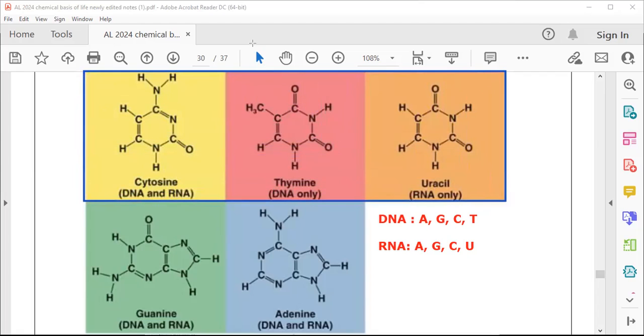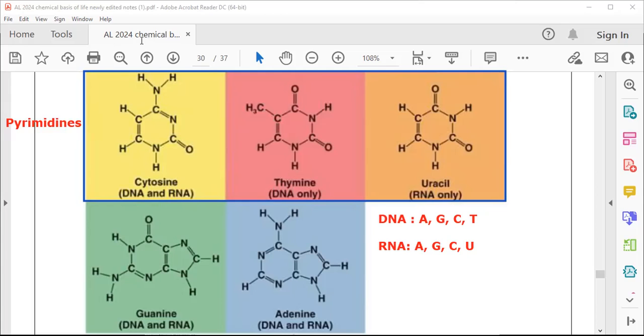If one ring is there, we refer to them by the word pyrimidine. Who are the pyrimidines? Cytosine, thymine, uracil.